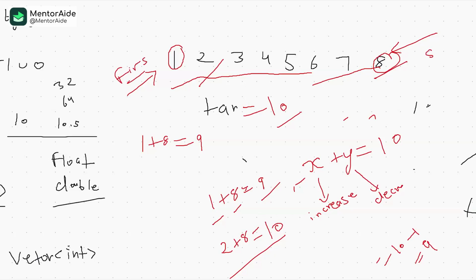Do we need to change the first pointer or the second pointer? First pointer, sir. And what should I do with the first pointer? Sir, increase 1. If I increase it by 1, it will point to 2. Now let's try that. 2 plus 8 is equivalent to what? 10. So we found the target.